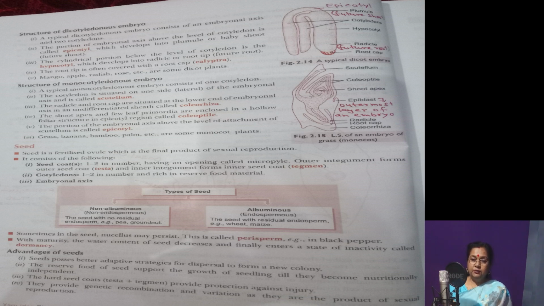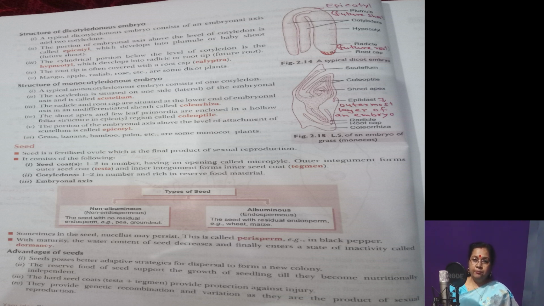Below the cotyledon, the cylindrical part is the hypocotyl, and below the hypocotyl, the part is the radicle, which is protected by the root cap, and the radicle is supposed to give rise to the future root system.